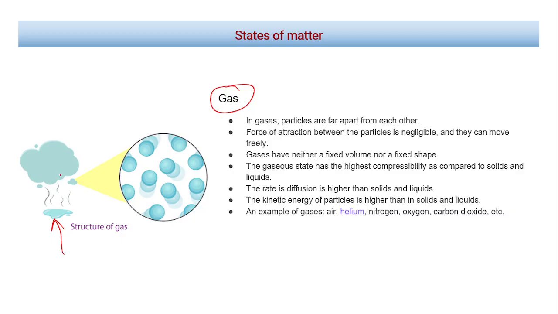And at the end, maybe nothing would be left in the pan I was boiling initially, because all the particles gained enough energy. Even whatever little force was left in the liquid state, they got sufficient energy to break that force also and leave the pan completely.